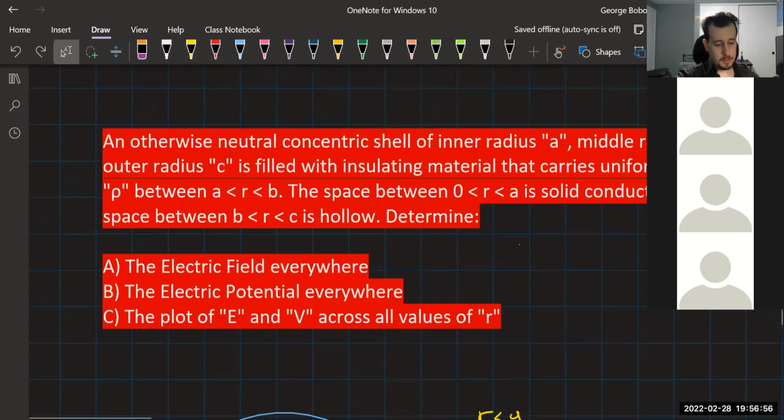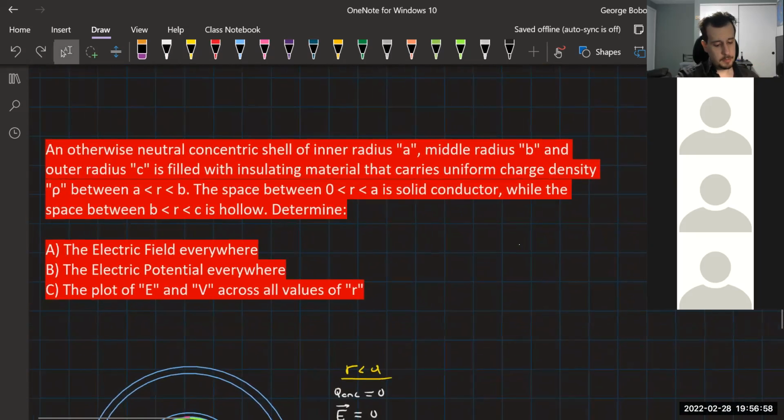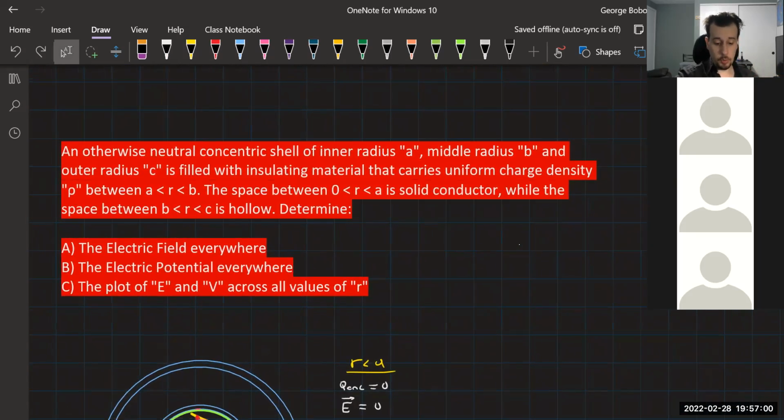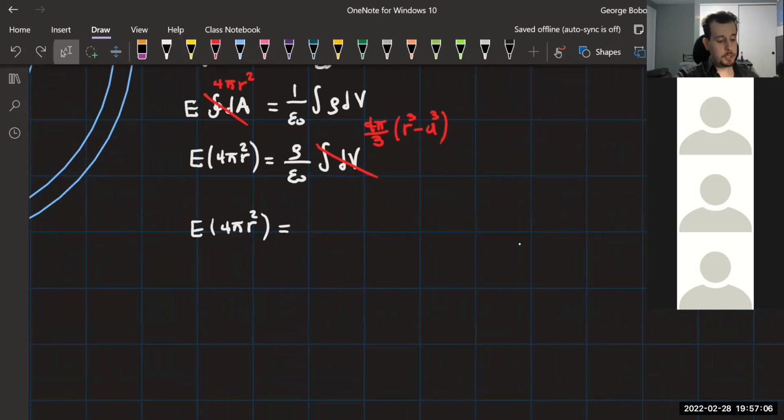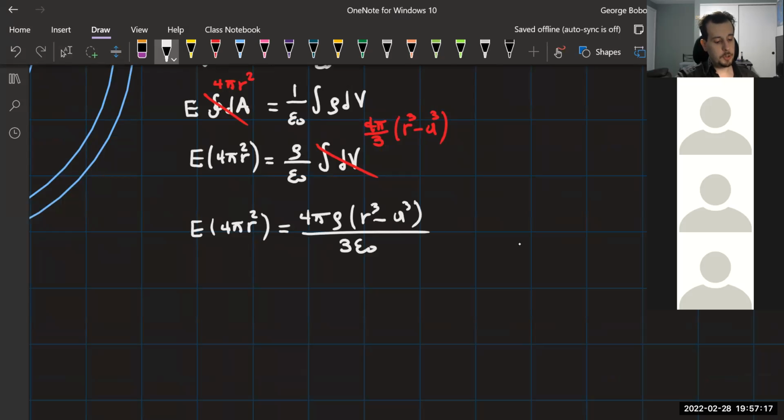Let me see here. Okay, so we were given rho. Never mind, we don't have to determine rho. So we have over here 4 pi rho, R cubed minus A cubed over 3 epsilon naught.